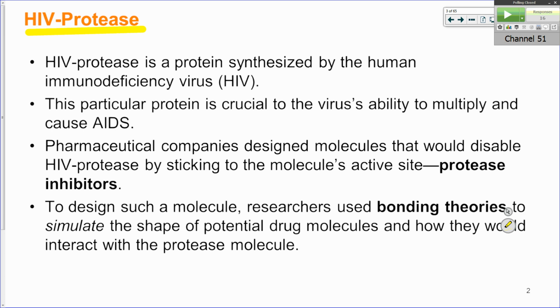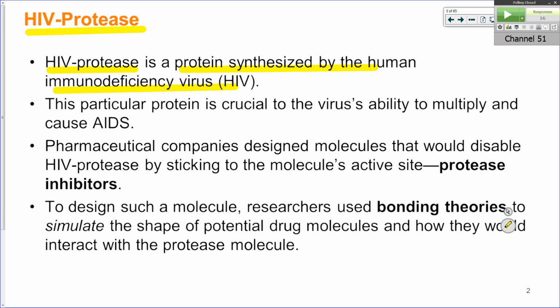More than likely, you know somebody. Okay? I do. I know several people that died of it. So one of the ways that we've tried to stop this is to look at the HIV protease. The HIV protease is a protein that's synthesized by the virus itself.